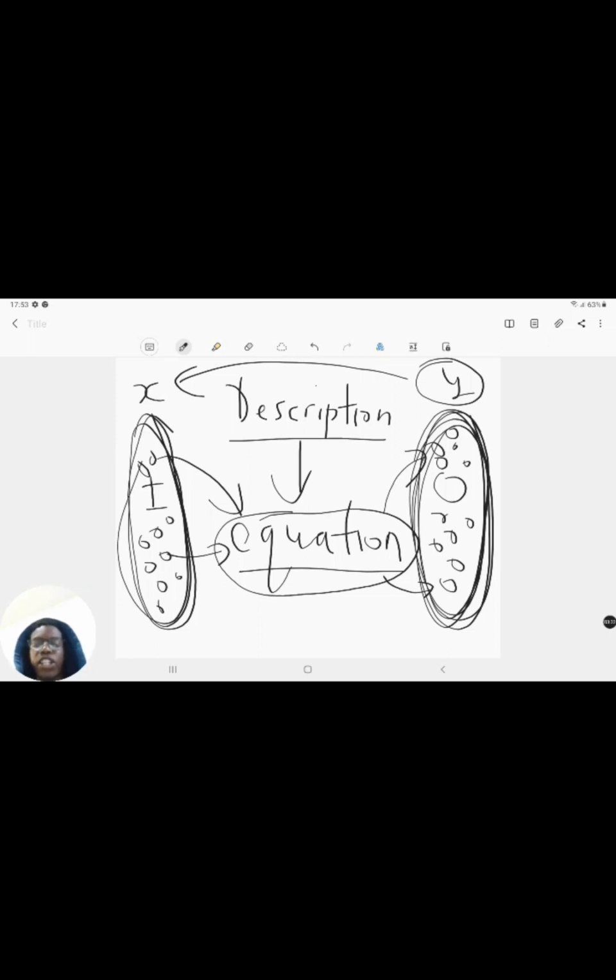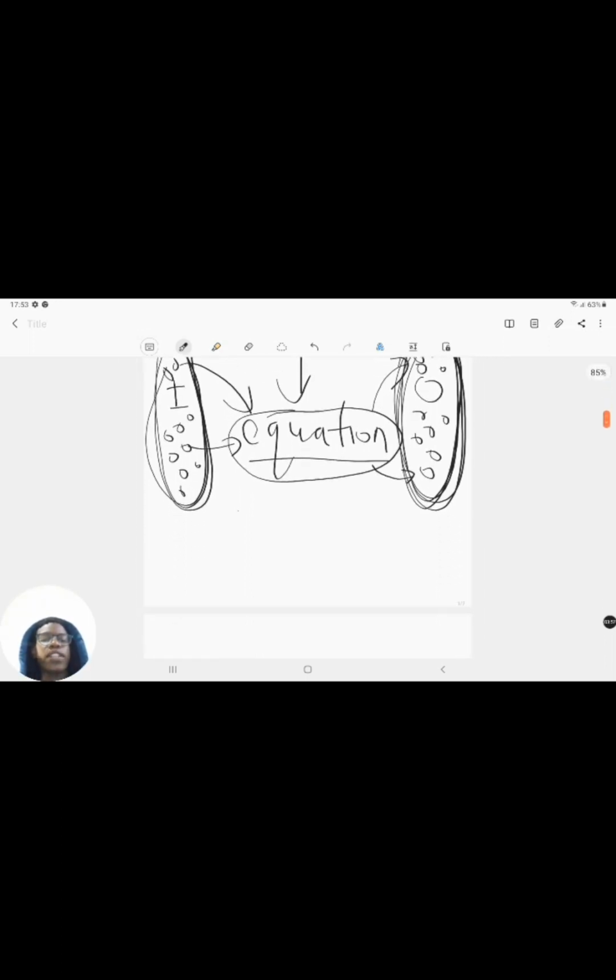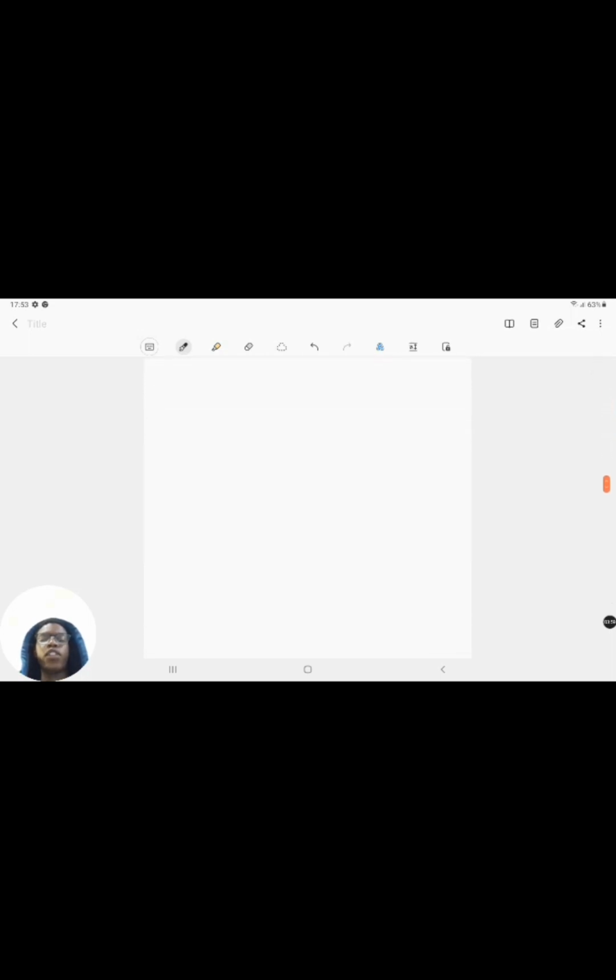A function is an equation or a relation that has one unique output value for one or more x values. So for one or more x values, you can have only one unique output value. I know that probably doesn't make a lot of sense right now, so let's give you an example.